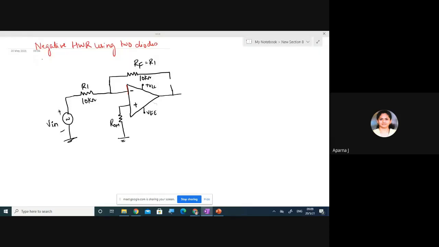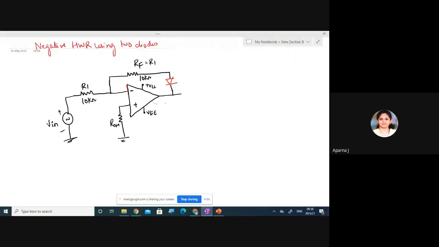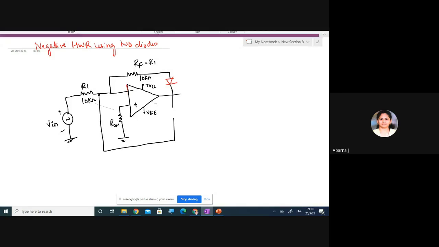So in the feedback, we are connecting a diode, and one more diode, and one more diode here.